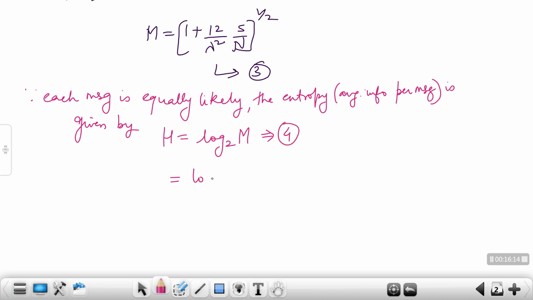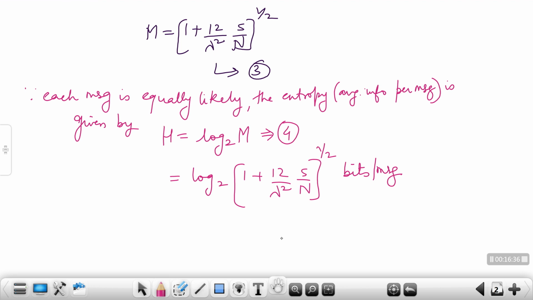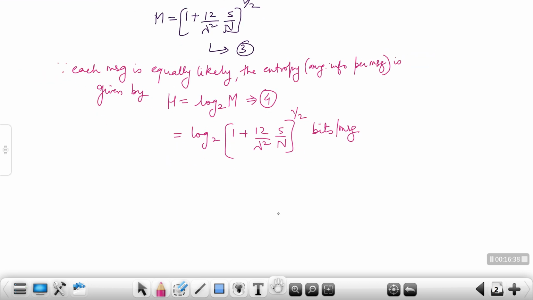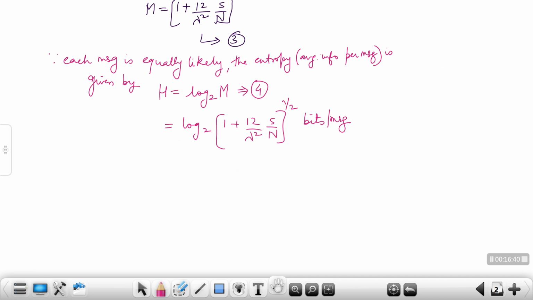So it is log to the base 2 of 1 plus 12 upon lambda square S by N, raised to half, bits per message. Now we need to find the information rate, that is R, and in order to do this we need to estimate how many messages per unit time are carried.